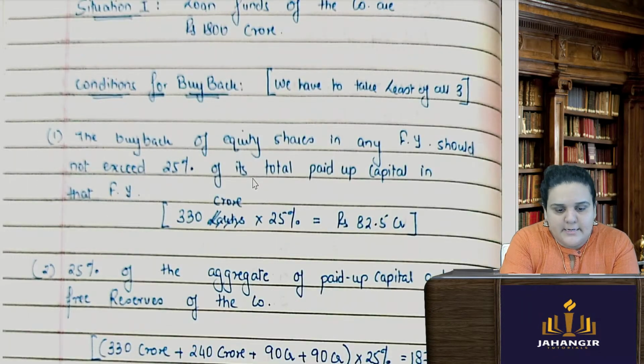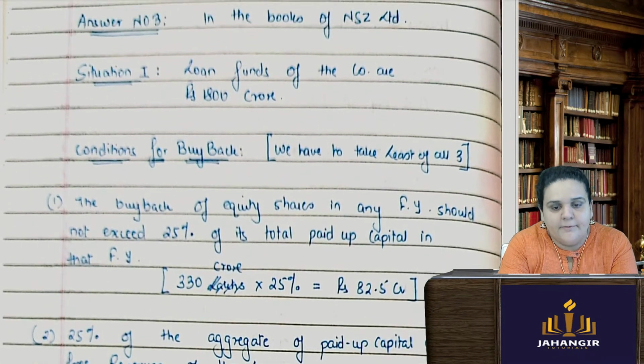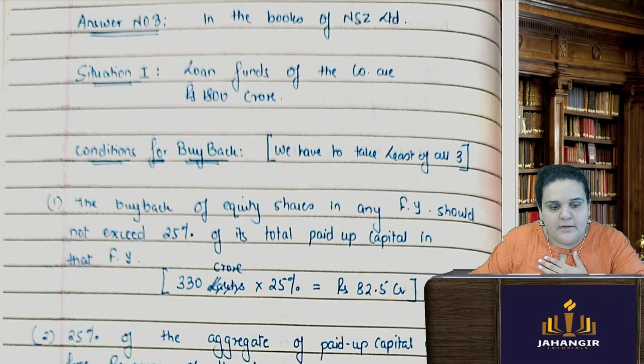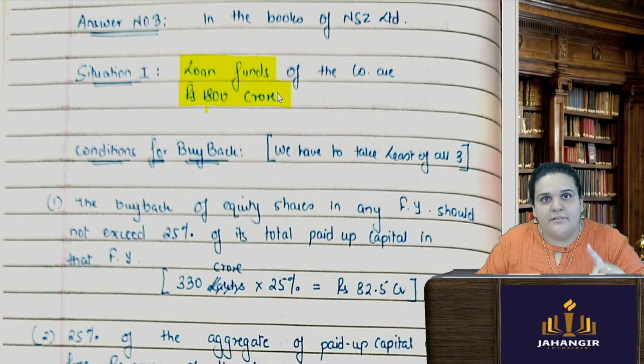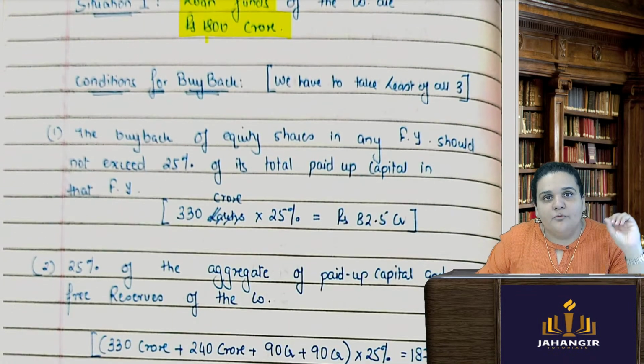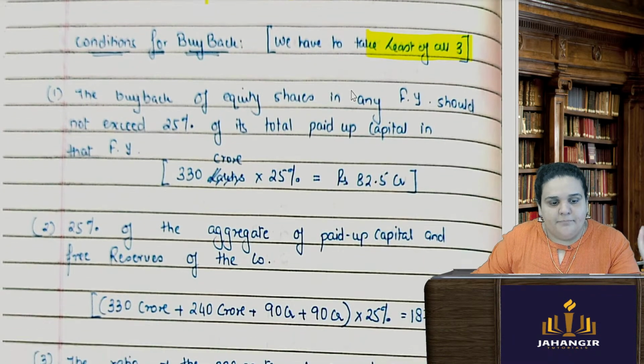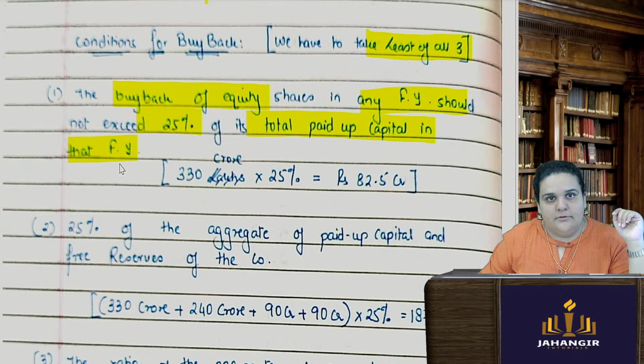Okay, now this sum is a little lengthy, but we'll have to understand it. In the first situation, my loan funds are 1,800 crores. I'm solving the sum with that first situation. We have to find 3 conditions of the buyback, and the least of that we have to select. First condition: the buyback of equity shares in a given financial year should not exceed 25% of its total paid up capital in that financial year.